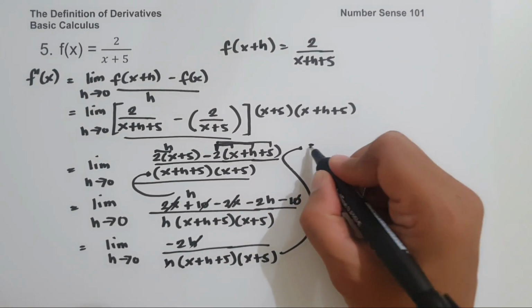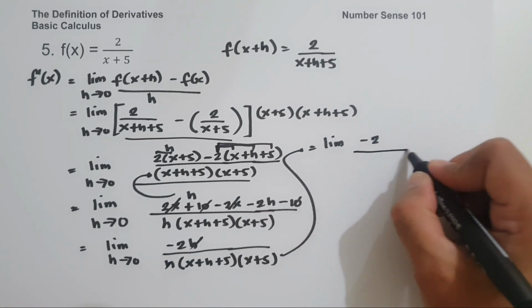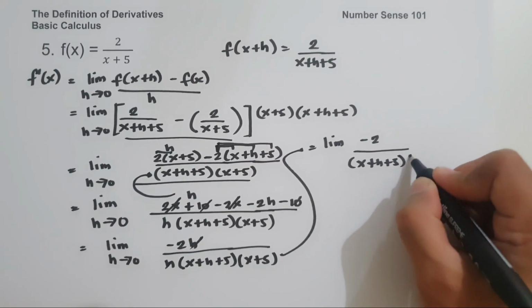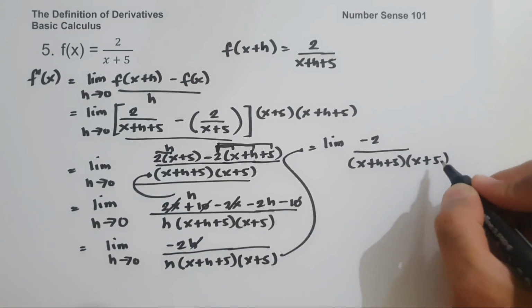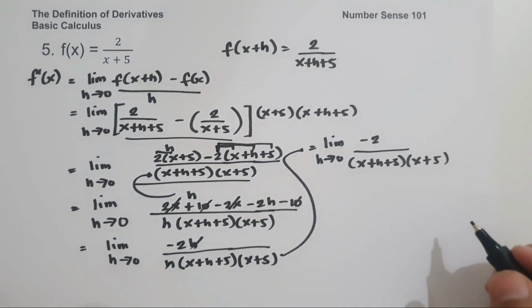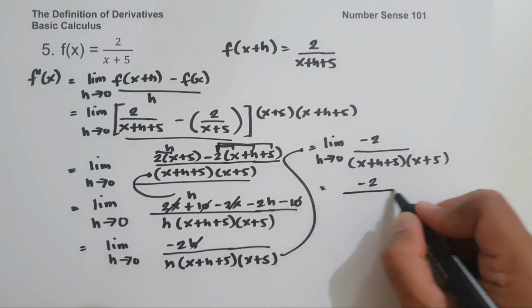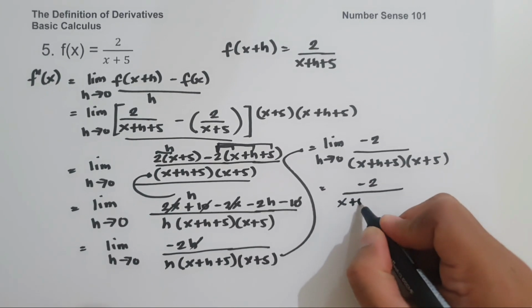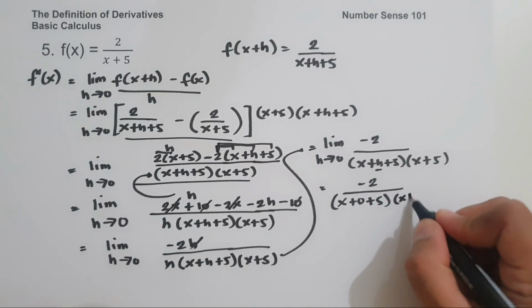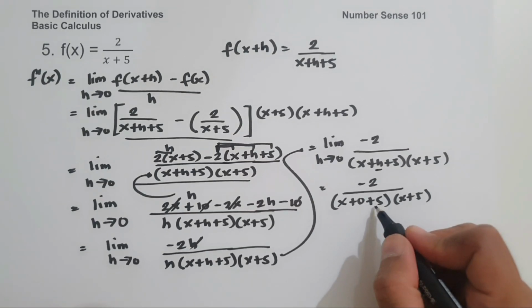This will give us the limit of negative 2 over quantity x plus h plus 5 times quantity x plus 5 as h approaches 0. Since the value of h is 0, this will give us negative 2 over x plus 0 plus 5, that is 5, times x plus 5.